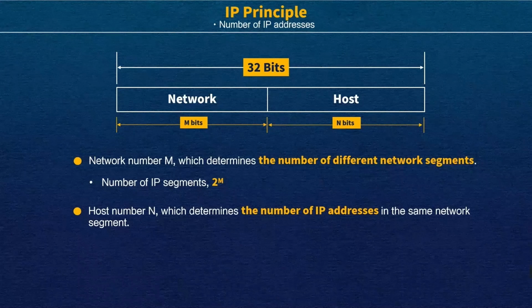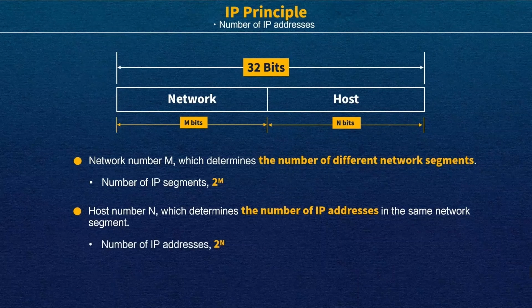And now if you want to know, within a fixed segment, how many hosts you can use, because the host ID determines how many terminals you can have with different host IDs to get the IP address. This one is determined by the host number m. And the formula is 2 to the power of m. That means if your n value is bigger, your m value will be smaller.